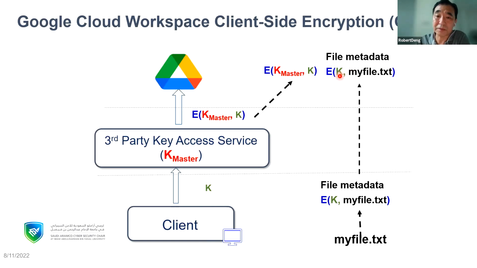Whoever wants to access the ciphertext has to go to the key access service to request the secret key and perform the decryption. So this is a typical solution when you have a third-party service which is online.